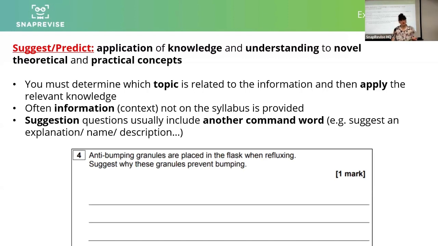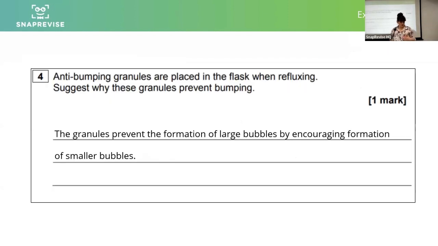This is a new context. This is within refluxing. So you know them for distillation, so you can use that knowledge to apply it to reflux. I'm going to whiz forward just because I know that we're a bit short on time. For example, you might say here, the granules prevent the formation of large bubbles by encouraging formation of smaller bubbles. Something like that. Or by encouraging the regular formation of smaller bubbles.